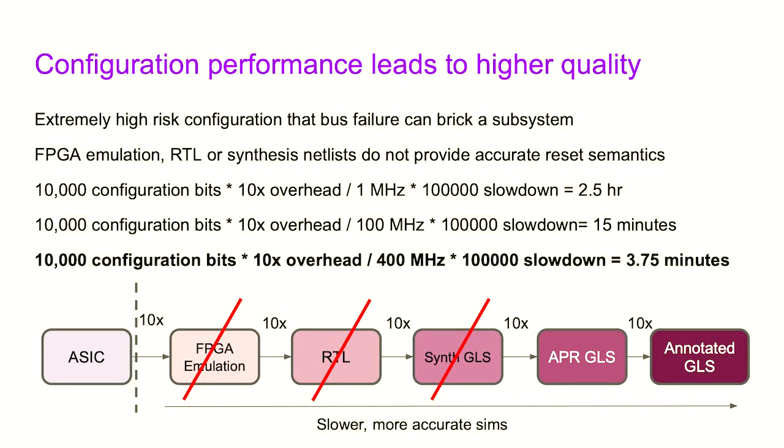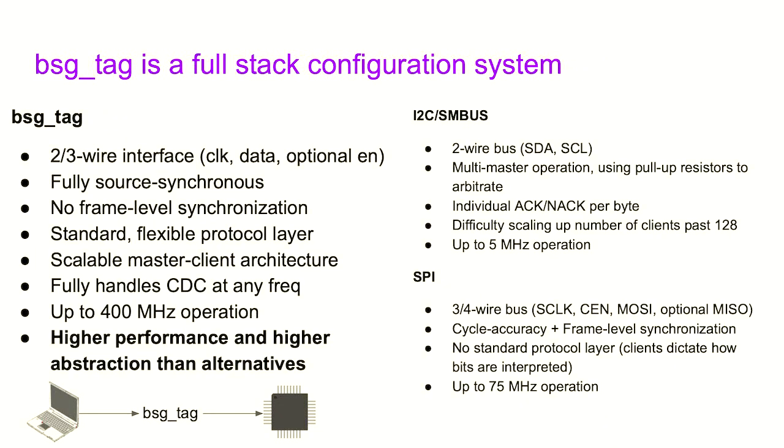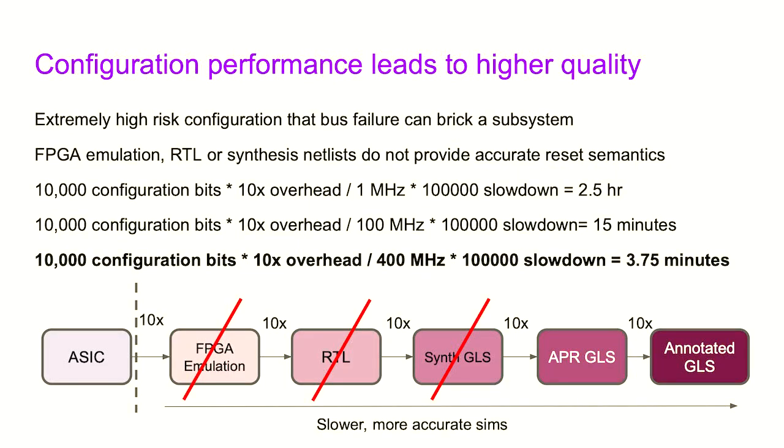But when you have a large number of configuration bits, especially if you're modifying them during runtime, this can have a huge simulation penalty to simulate with full accuracy. So by having this modest, say 4 or 5, 10x improvement over other protocols, you actually have a very large improvement in your overall configuration and overall GLS runtime.